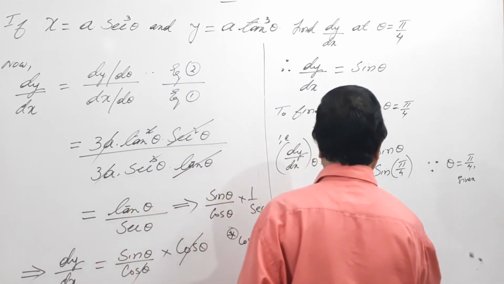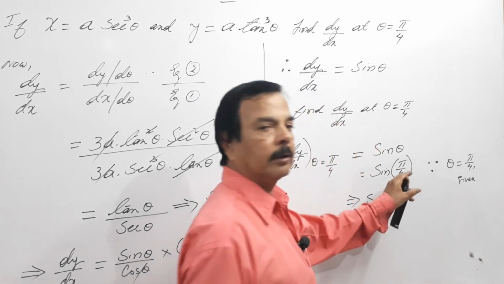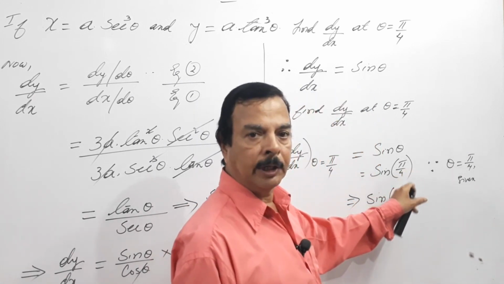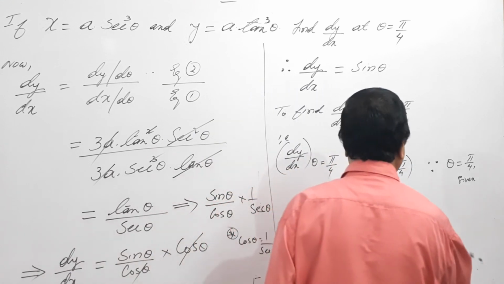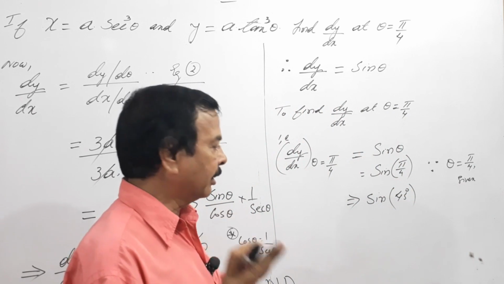Now that is nothing but sin of, pi is 180, 180 divided by 4 is 45 degrees. What is sin 45? Yes, you get stuck here.